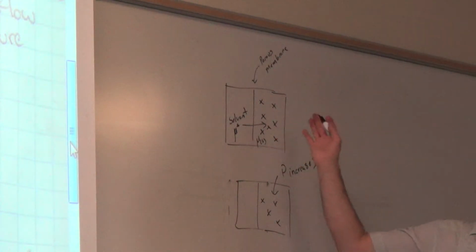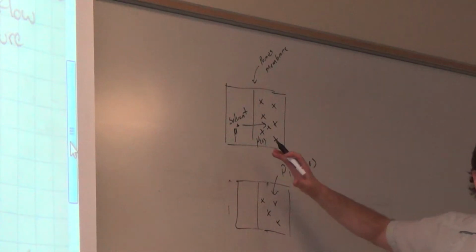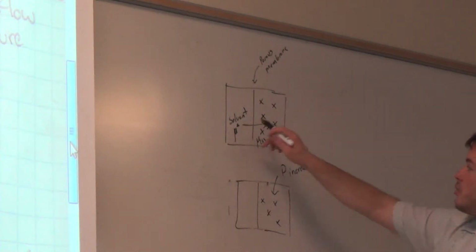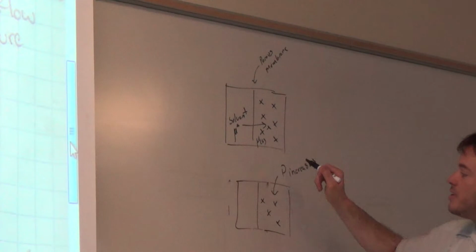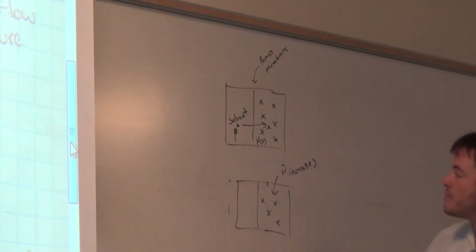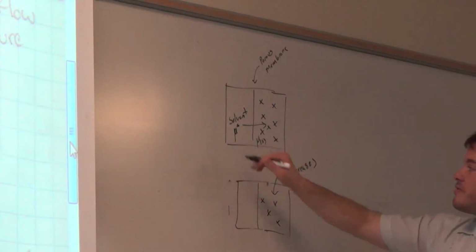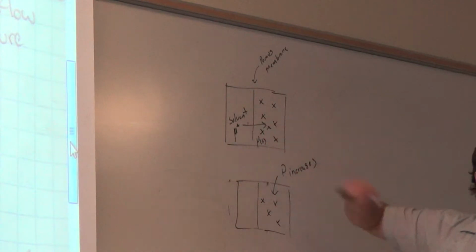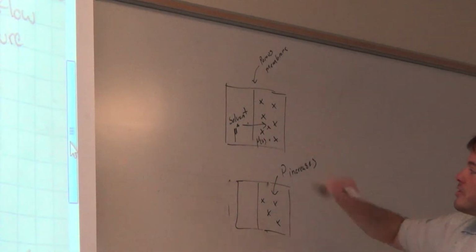At equilibrium, they have to be equal, right? Once this stops moving, once all the water that wants to move over to this side has moved over, and you've reached some equilibrium condition, the chemical potential of the solvent over here in the pure solvent is equal to the chemical potential of the solvent in the solution.